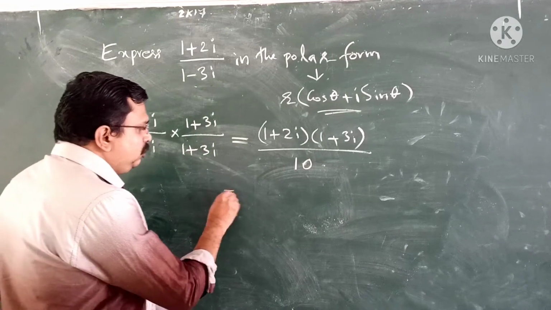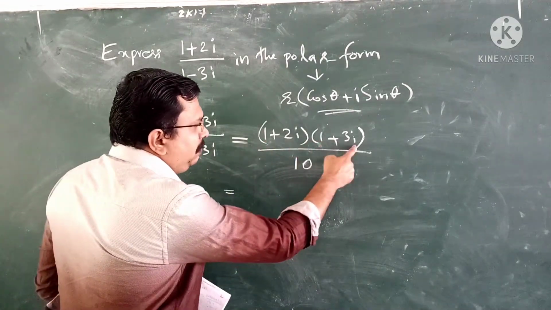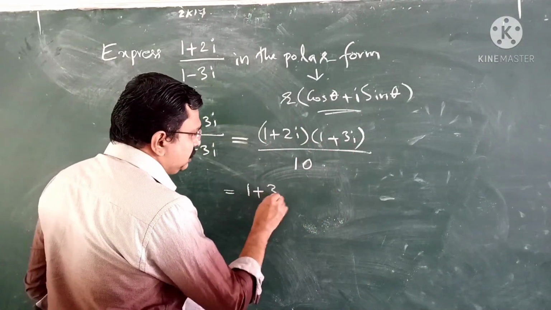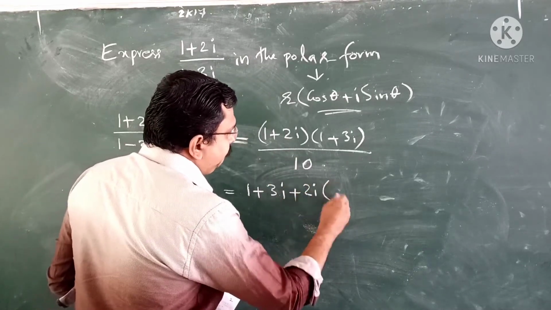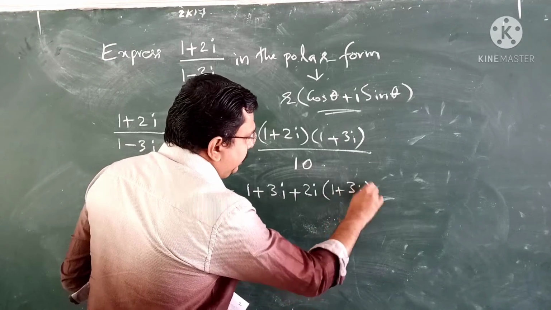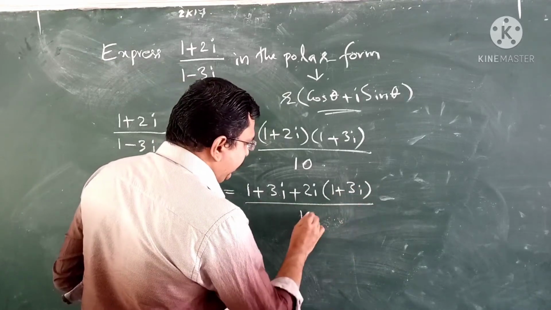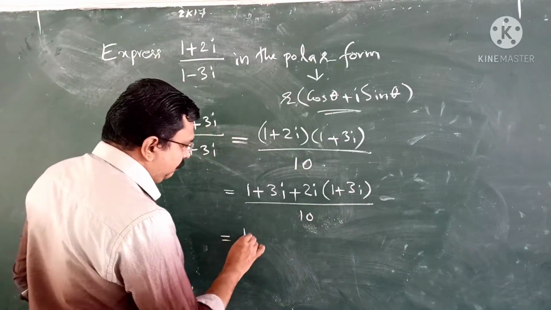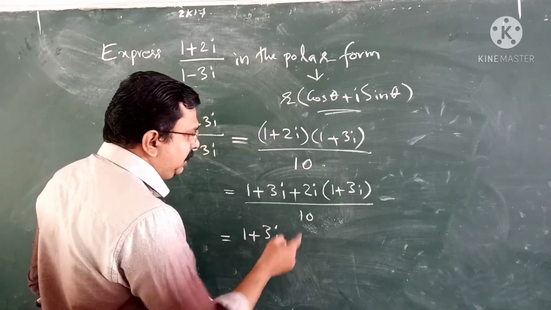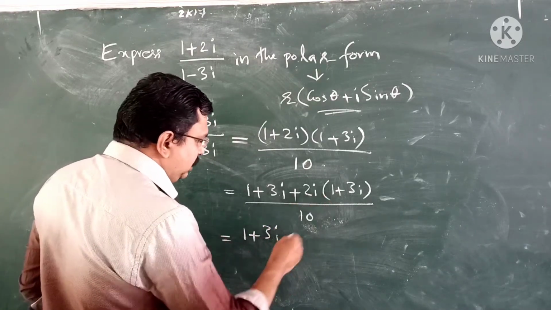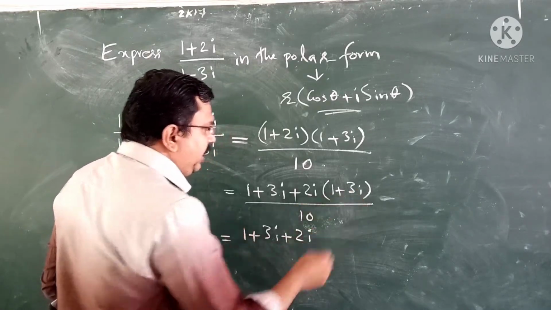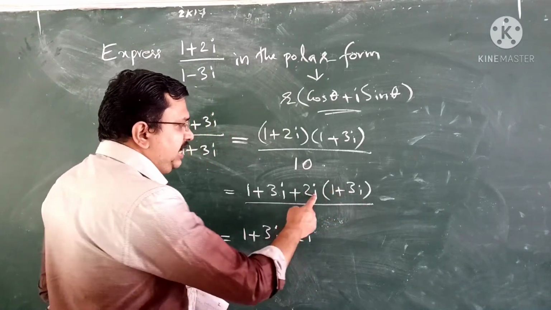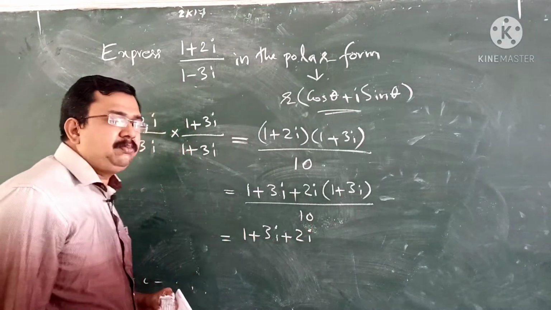Then the numerator is 1 into (1 + 3i), that is 1 + 3i, plus 2i into (1 + 3i), divided by 10. That is 1 + 3i + 2i plus 2i into 3i. 2 into 3 is 6, i into i is i², and i² is −1.